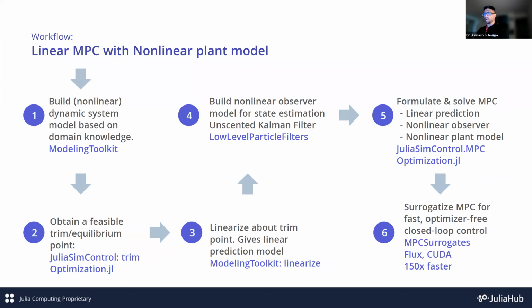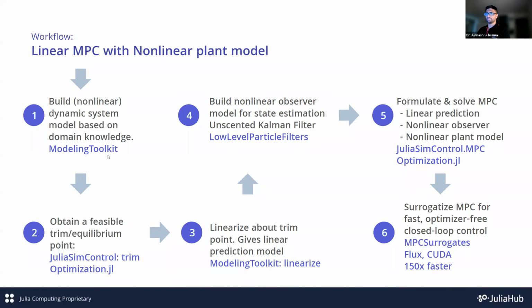So I would like to present a typical workflow of developing a linear MPC problem with a nonlinear plant and observer model. So we have this six-step procedure that I would like to present. Commonly, the first step is to build the nonlinear dynamic system model, and this is often based on domain knowledge.